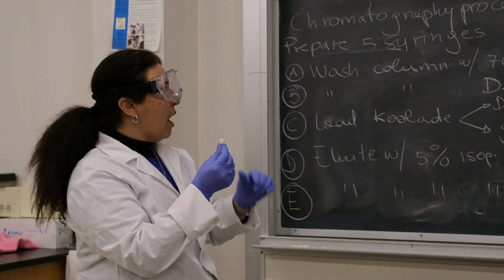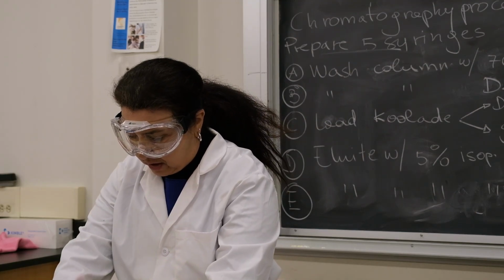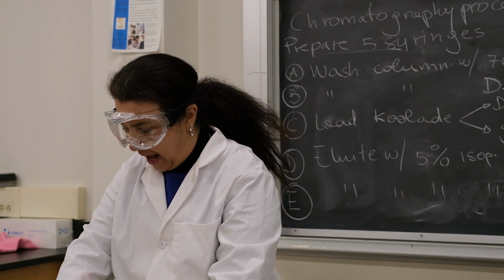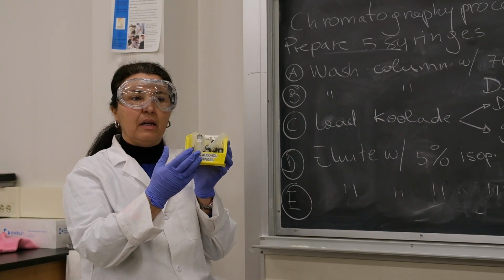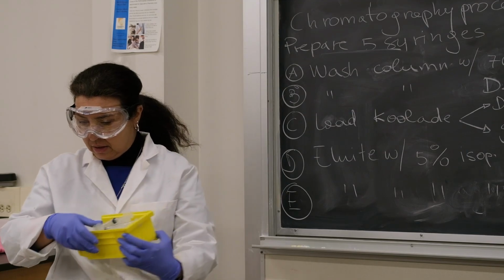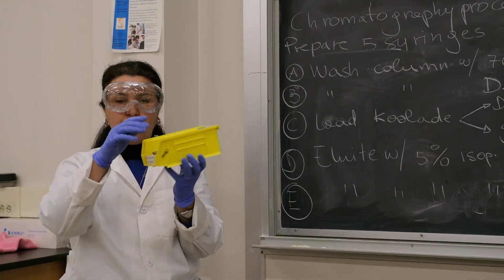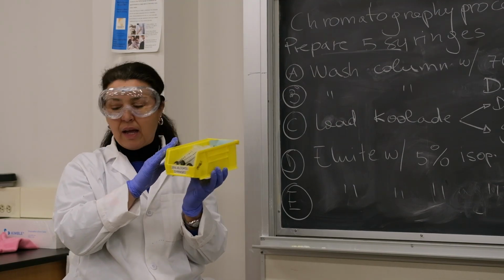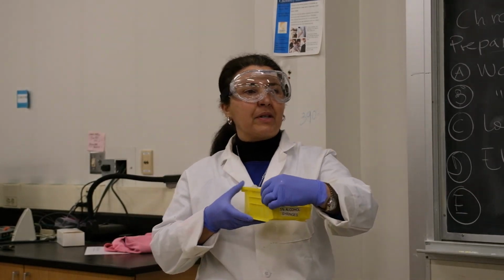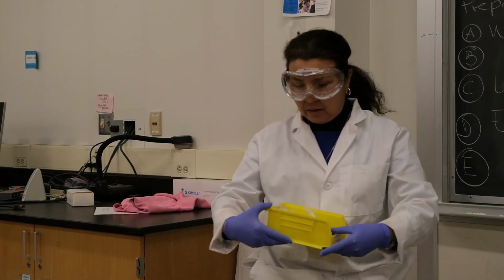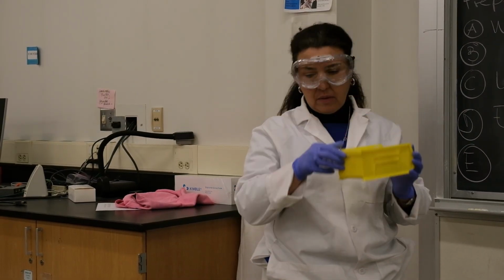So you take this column and you prepare syringes. Two syringes with 70% isopropyl alcohol, 2 syringes with 25% isopropyl alcohol, 2 syringes with 5% isopropyl alcohol, and 2 syringes with deionized water.